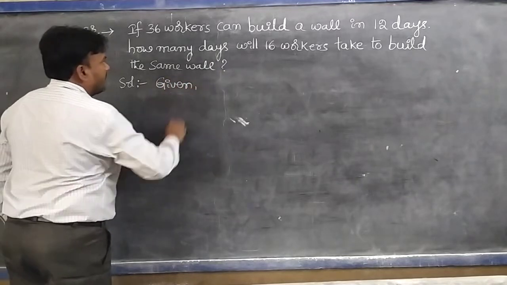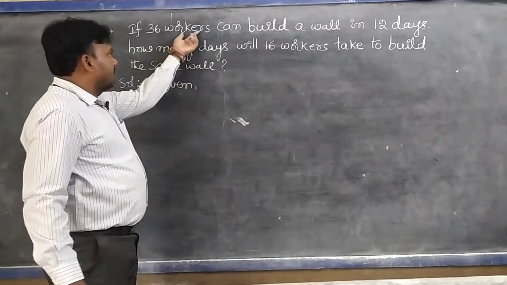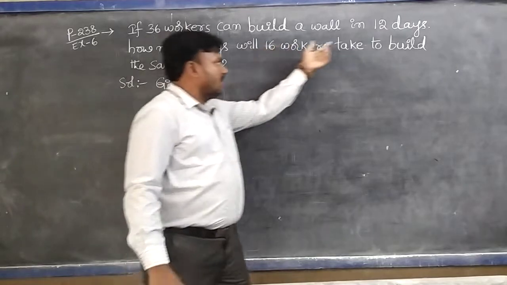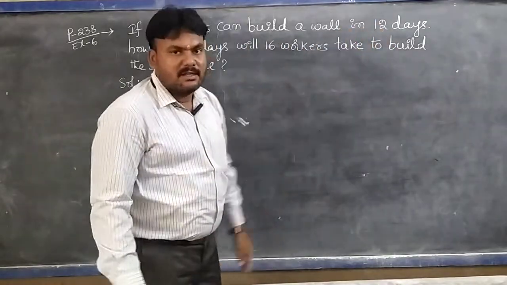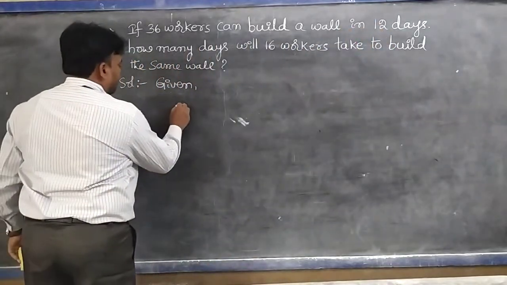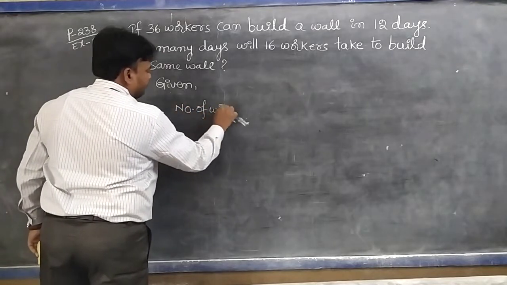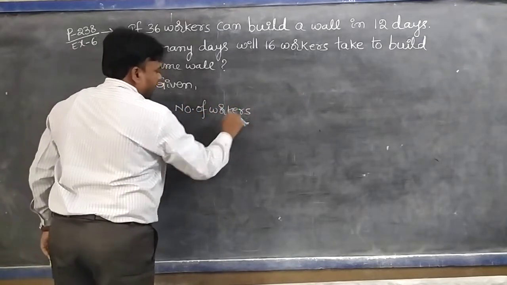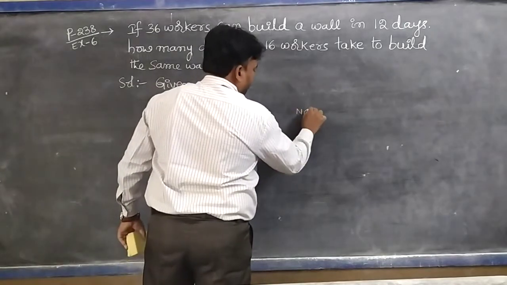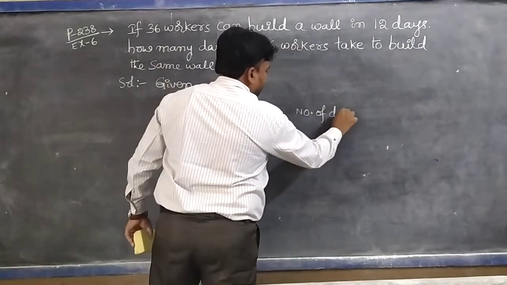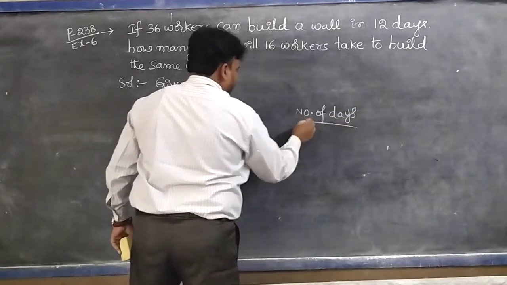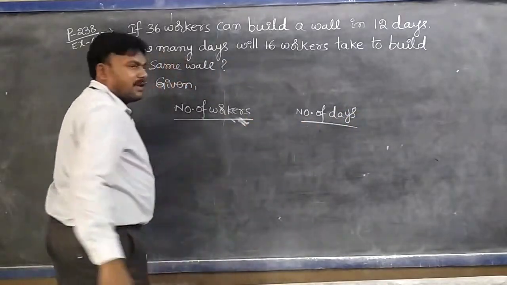Which are the two quantities here? Number of workers. Next, number of days.